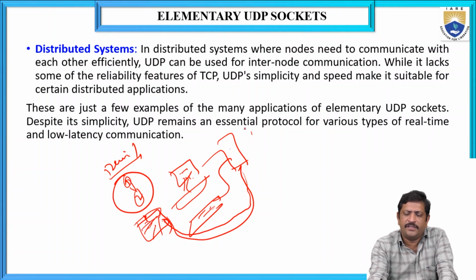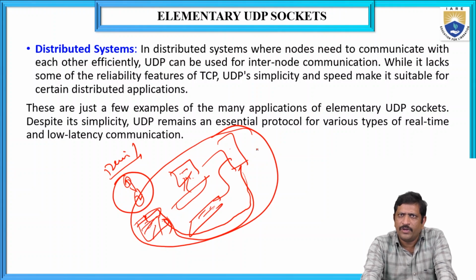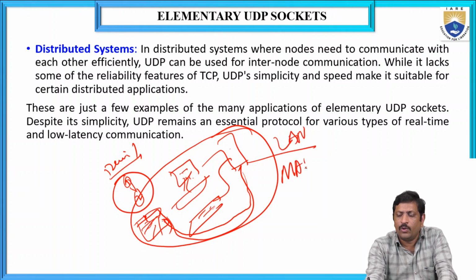This is considered as one node. Within this node, the communication is intra-node. Inter-node communication is between different other systems over a LAN or MAN, using the local area network.